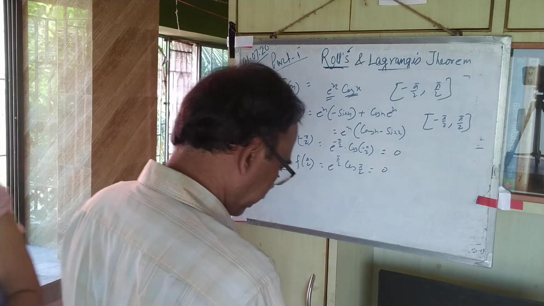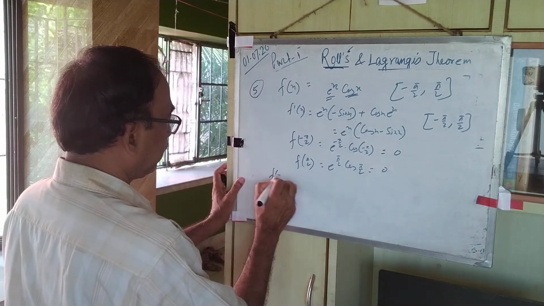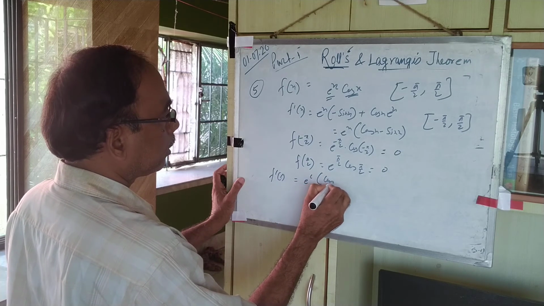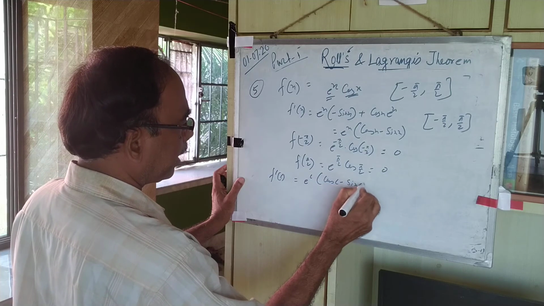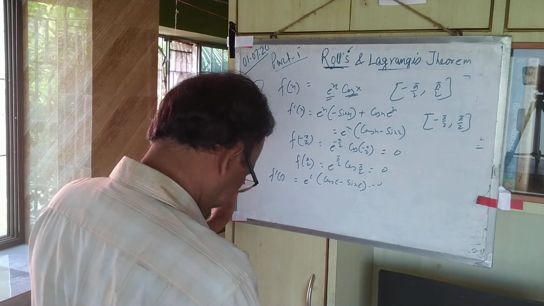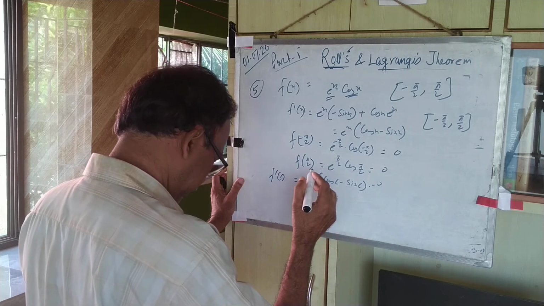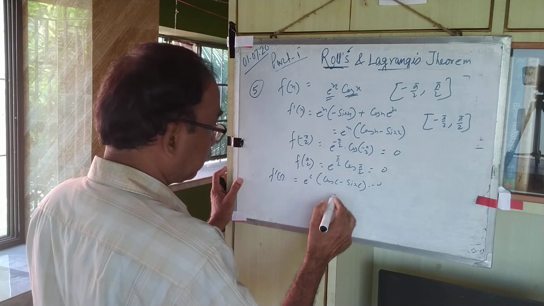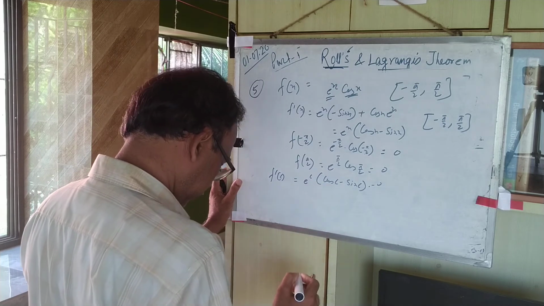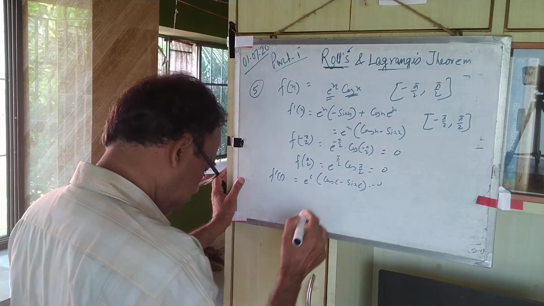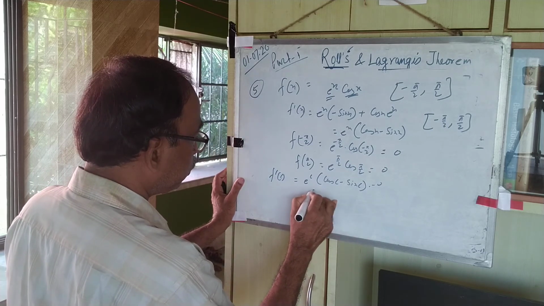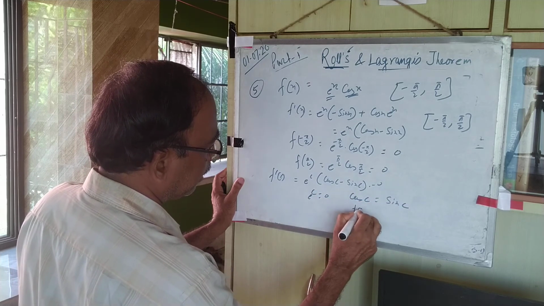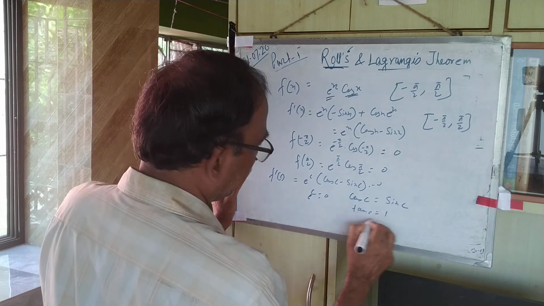Therefore, we can say here f dash c equals e to the power c into cos c minus sin c equals 0. That is e to the power c cos c minus sin c equals 0. e to the power c cannot be 0, so cos c equals sin c, that is tan c equals 1.